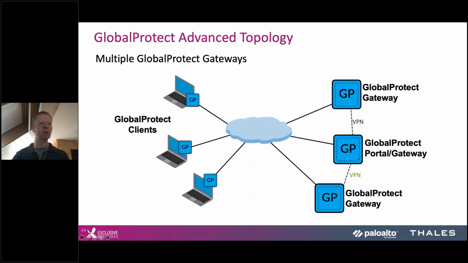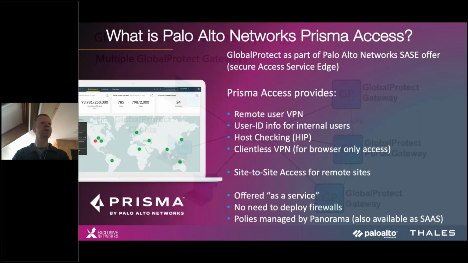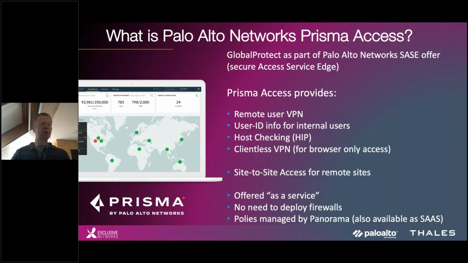So you first go to the portal, then to the gateway, but single sign-on is taking place, so no hassle for the user. This was also possible with RADIUS authentication, but then you had to work with authentication cookies, which is not that secure. Okay, so this was GlobalProtect in short.